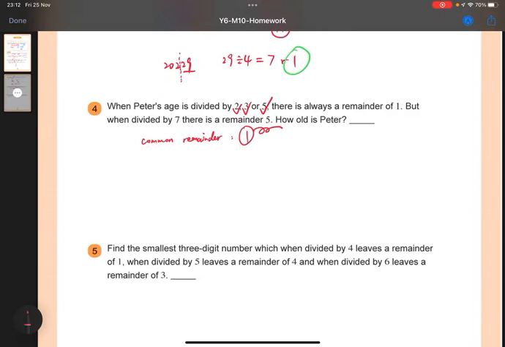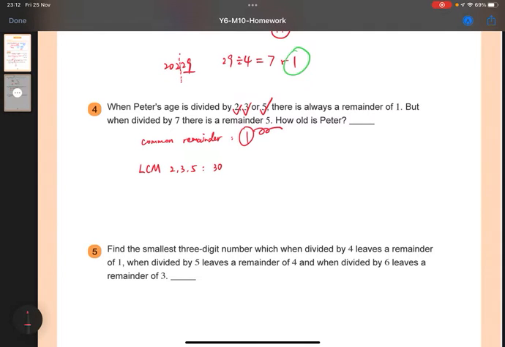To do that, we can first find the common multiple of 2 and 3, which is 6, because 2 and 3 are coprimes. And then we find the common multiple between 5 and 6, and because 5 and 6 are also coprimes, it's just taking the product between the two numbers. So the common multiple, the LCM, the lowest common multiple, among 2, 3, and 5 is going to be 30.